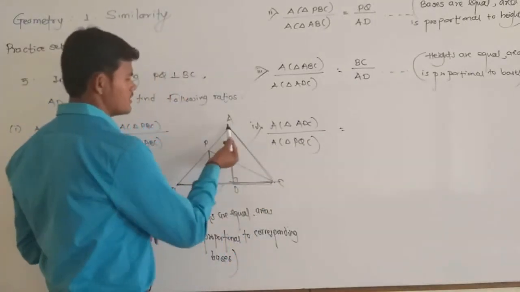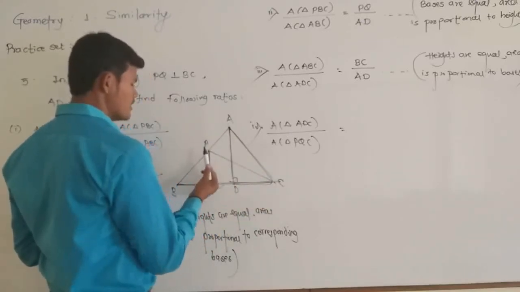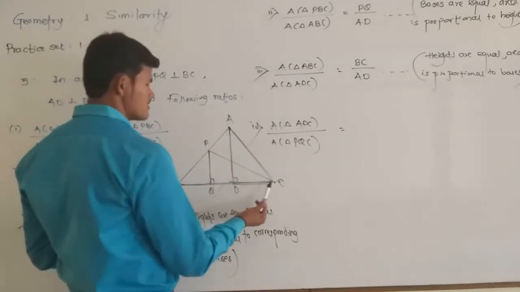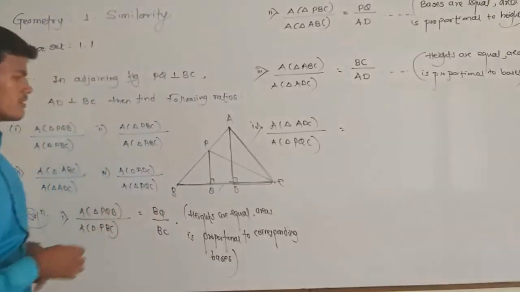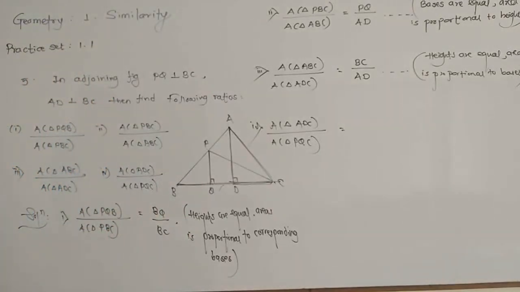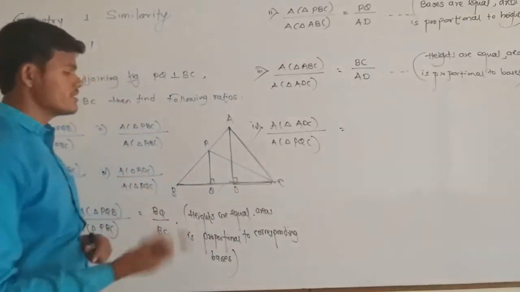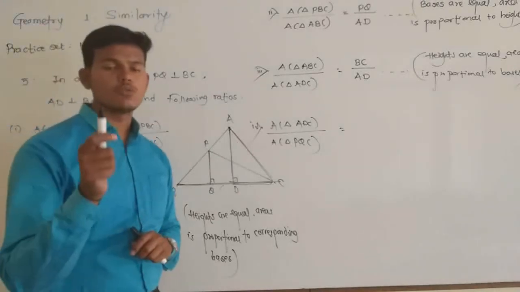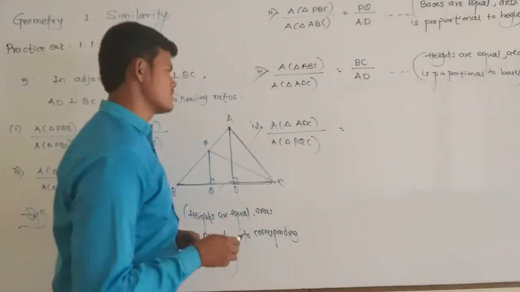So for triangle ADC, which one is the base? DC, and which one is the height? AD. And for triangle PQC, which one is the base? QC is the base and PQ is the height. So again here, for both the triangle ADC as well as for triangle PQC, their heights and their bases are different. Then their area is proportional to the ratio of the product of their bases and corresponding heights.